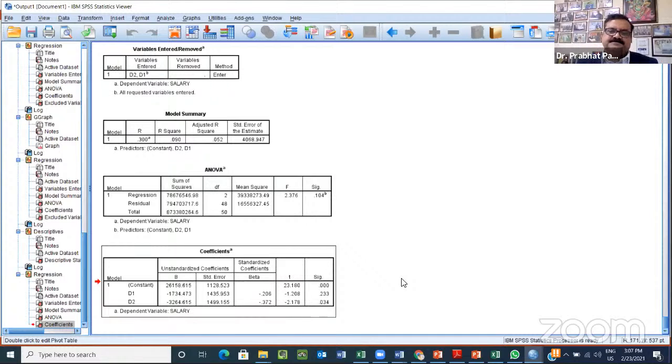So this means the South is discriminated against relative to the other regions and is significantly getting a lesser salary in comparison to the West. That's the conclusion that we can have from this data.